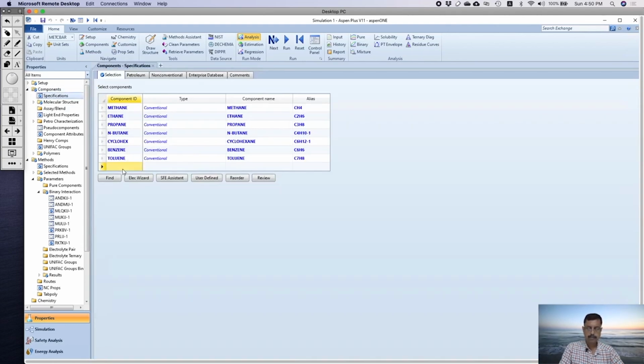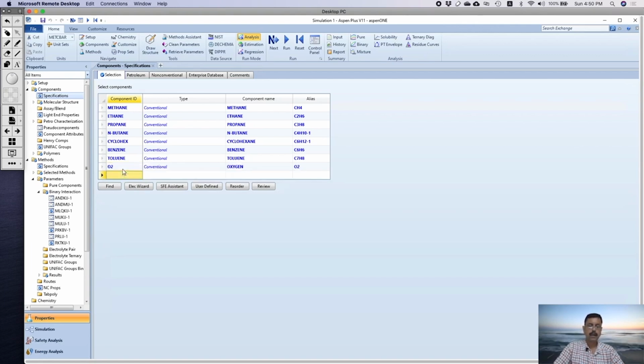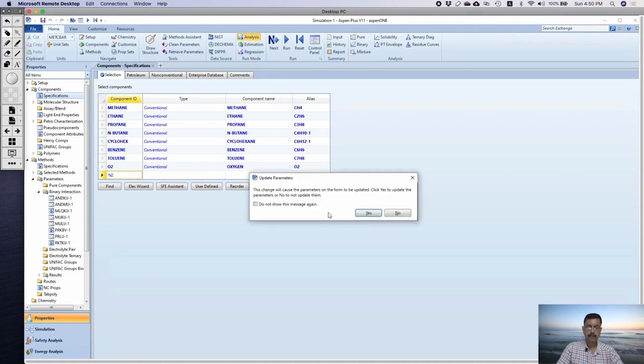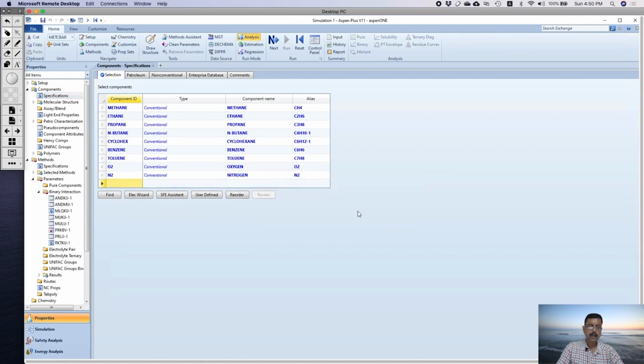Here we write oxygen. It is so conventional, if you write O2, it will take oxygen over here. Similarly, nitrogen, it will take. And then CO2, carbon dioxide, H2O, water.